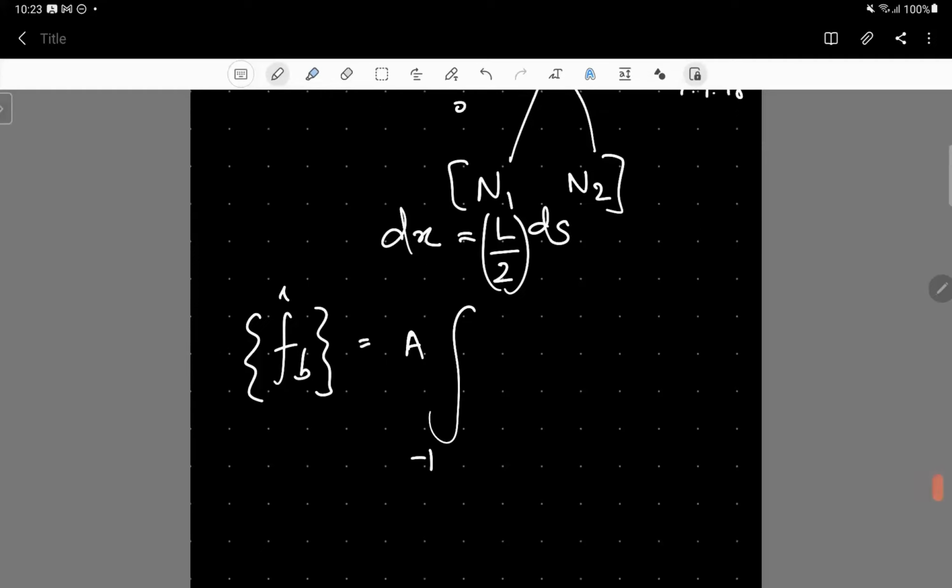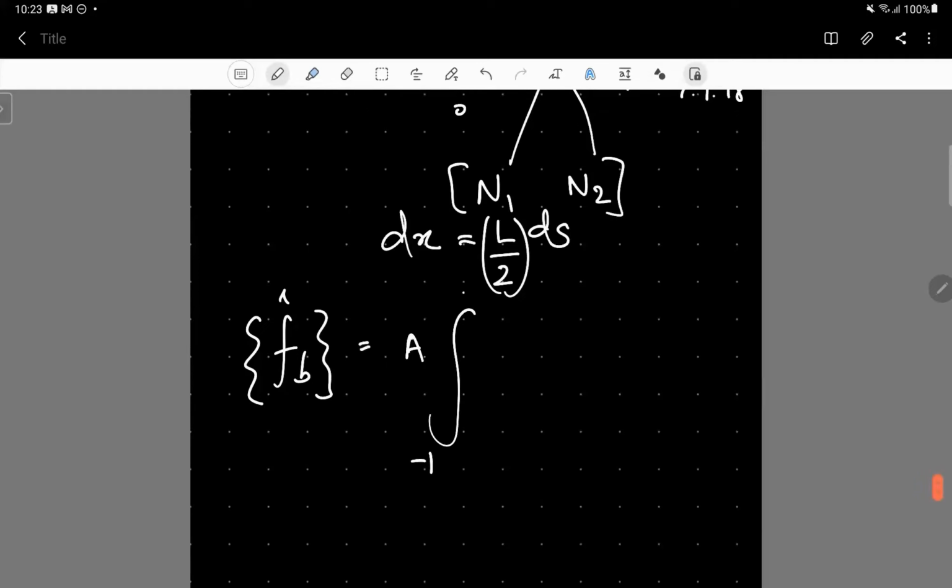Now we move on to the S coordinate system. So we need to do the closed loop integral, and of course at the same time do the transformation or the mapping. So XB has to be multiplied by L divided by 2 to transform into the S domain.